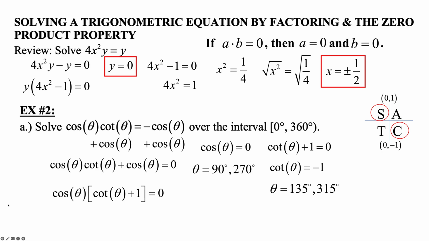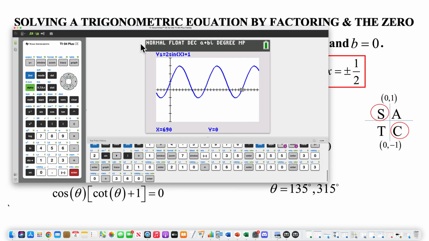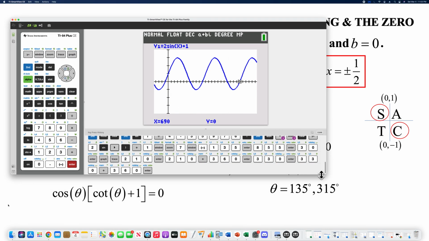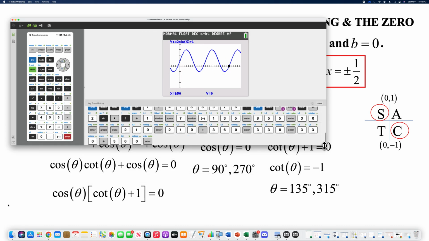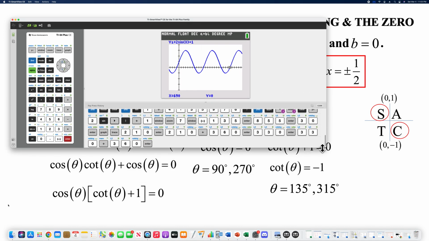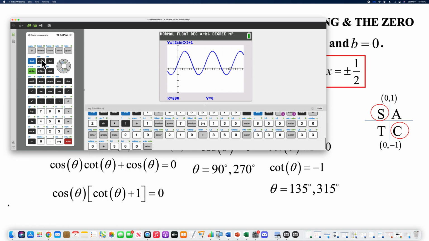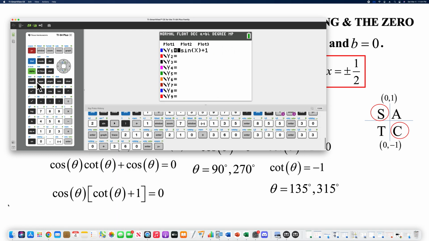Now again, we could bring in our calculator here. May have to shrink this a bit just so I can see my equation. There it is right there. So we can go to y equals. Let me clear that. So we're looking at cosine of x times cotangent.